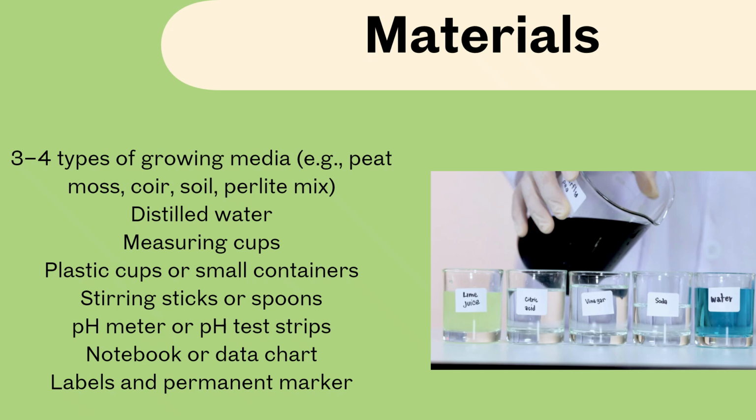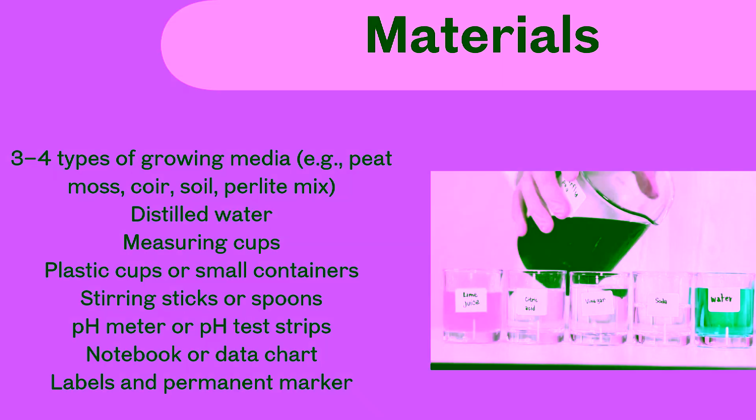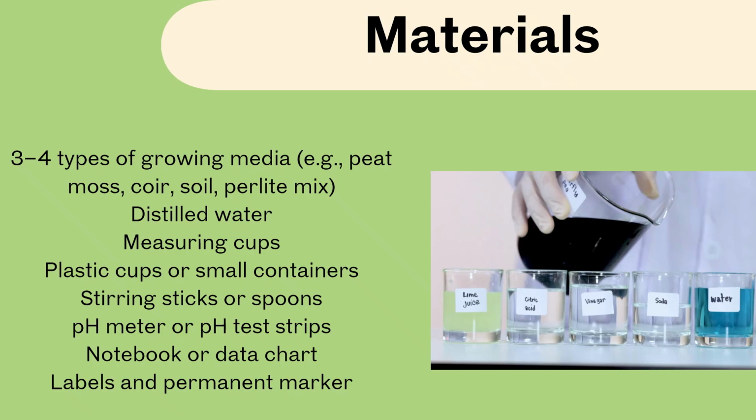In this case, I only gave examples. So in class, we'll be testing at least 4 growing medias. That's going to be our materials in class. We're going to have distilled water. We're going to have measuring cups. You may be wondering why we need measuring cups. The measuring cup is there for us to measure how much water we're putting with that medium.